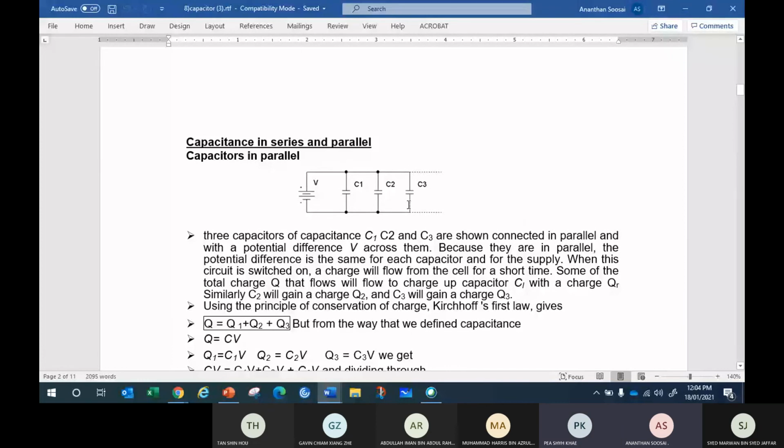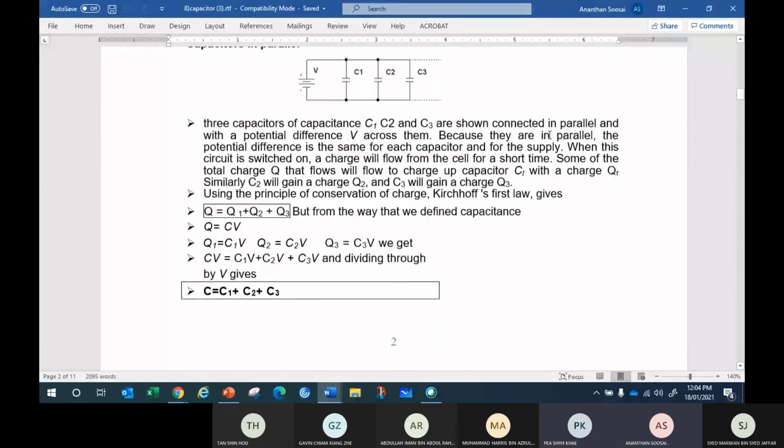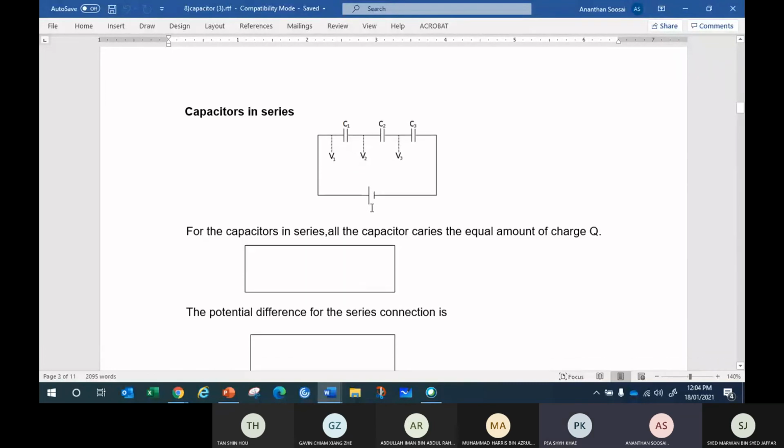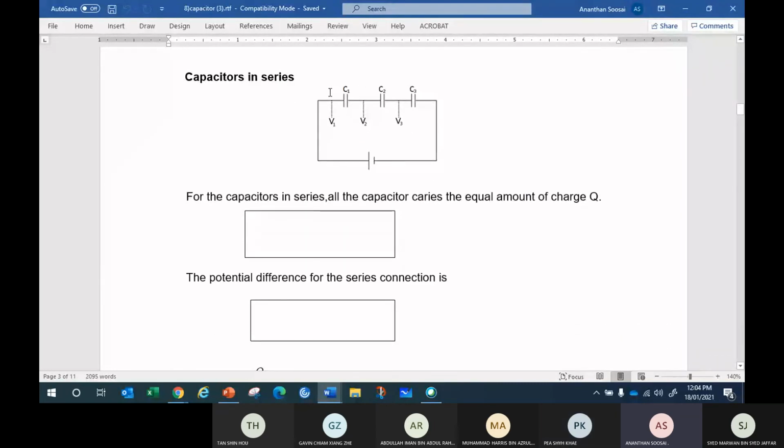In parallel, the capacitance is the highest, it increases. The capability to store charge is a lot. And if you connect in series, the total charge is the same for everyone, and capacitance decreases. Less capacitance. Capability to store charge becomes lesser.